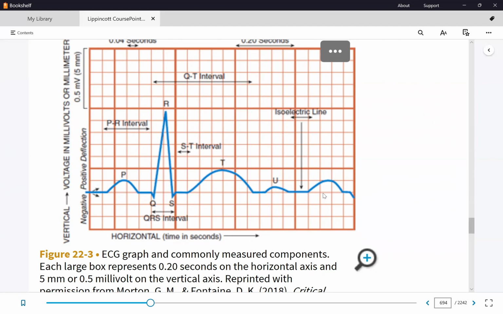The horizontal axis measures time in seconds. I repeat, the horizontal axis represents time in seconds. The vertical axis represents voltage in millivolts. The vertical axis measures voltage in millivolts because this is electrical activity.